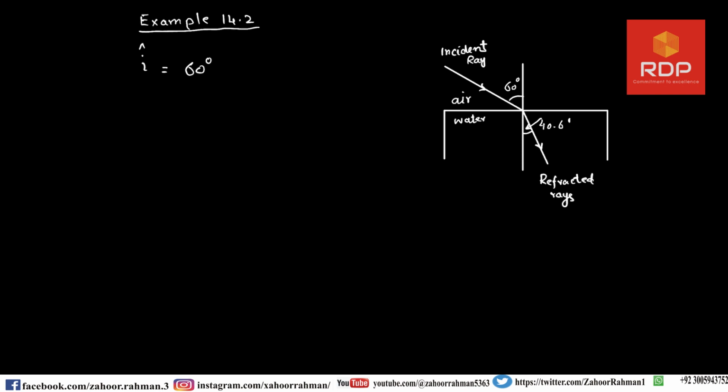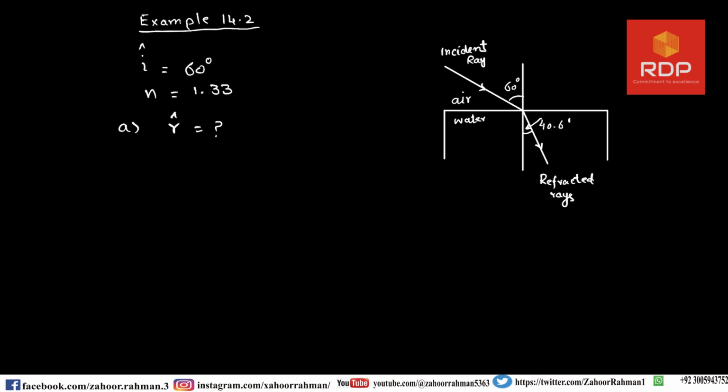The refractive index of water, and that is n, is equal to 1.33, and that is a unitless quantity. In part A, they are saying calculate the angle of refraction.